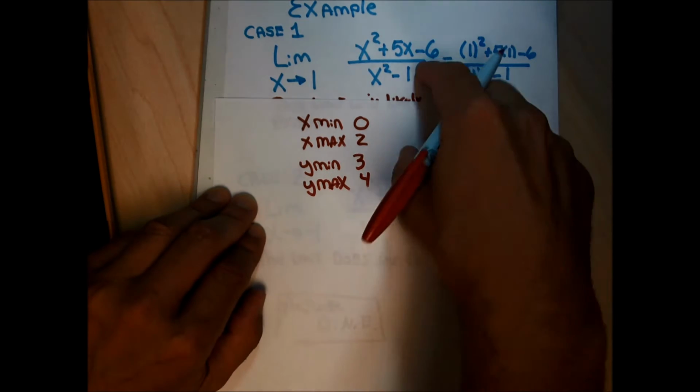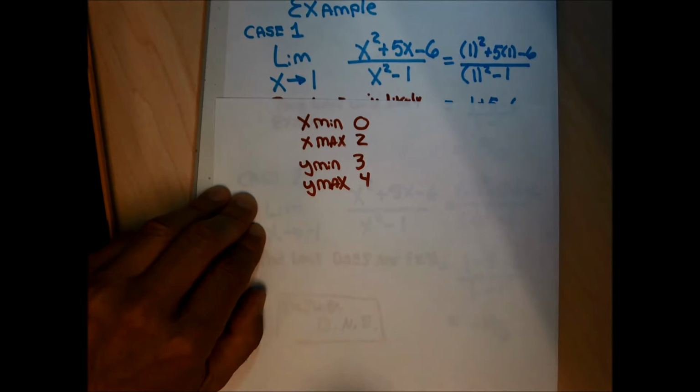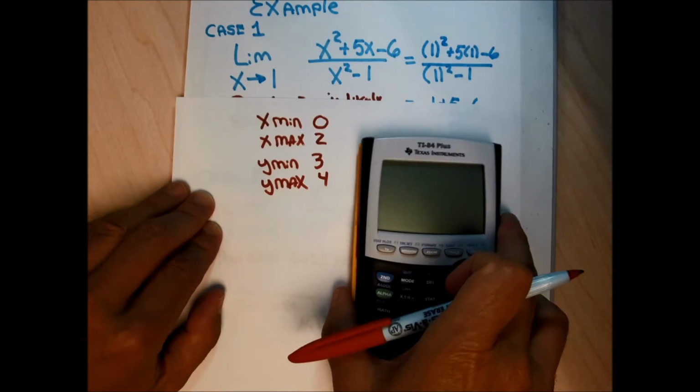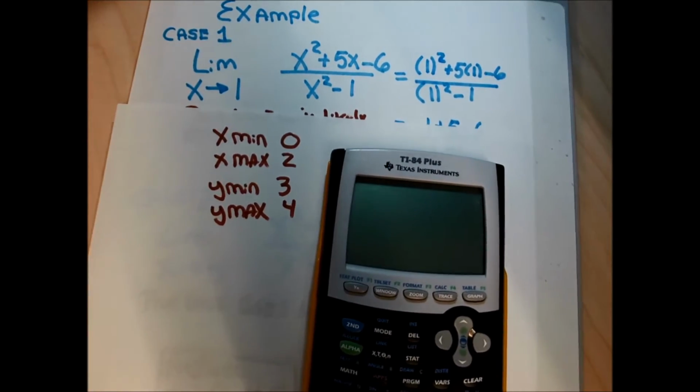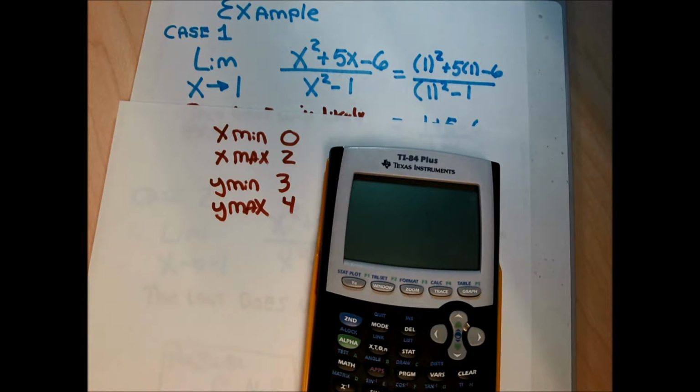If I graph this function with that window, it's going to show me that the limit is 3.5, and I won't be able to trace to it like I was able to trace to the limit for the other problem, because the graph is going to have a hole here, and the hole is going to make it so I won't be able to see the 3.5 exactly, but I'll be able to show that the limit exists and it's about 3.5.